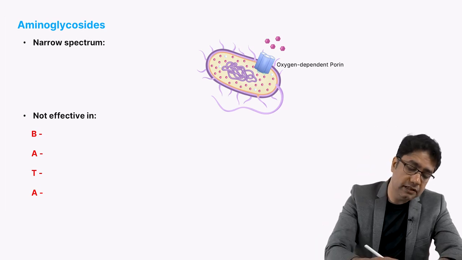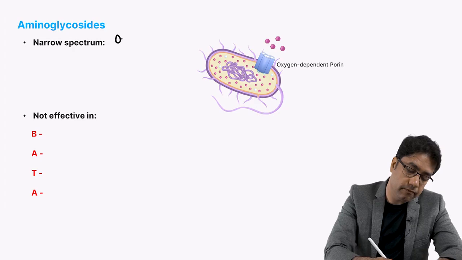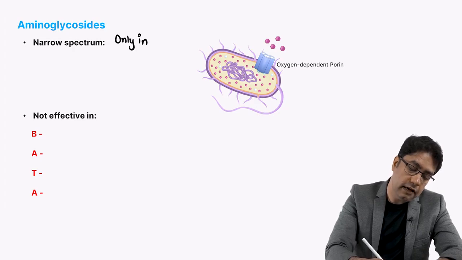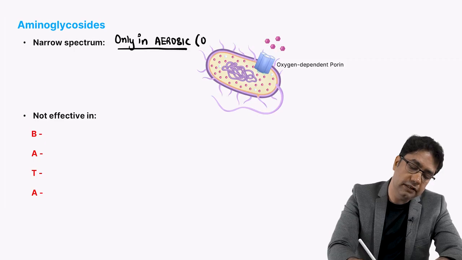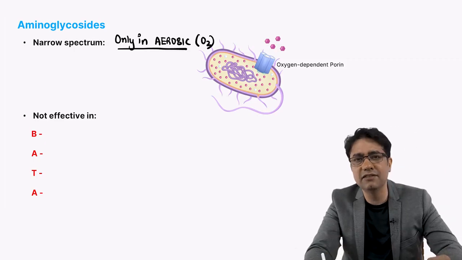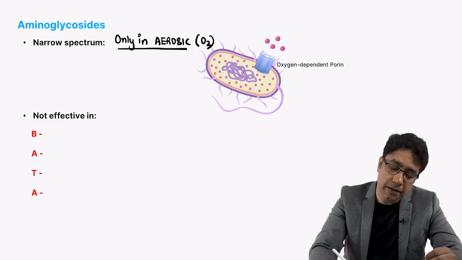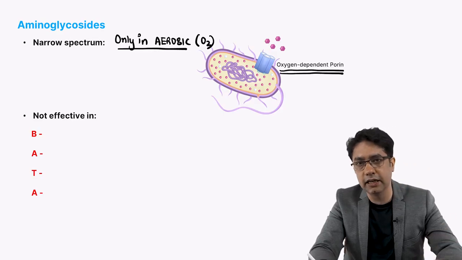Narrow means that they are only effective in aerobic bacteria. Aerobic bacteria means those bacteria which utilize oxygen. The reason is very important that aerobic bacteria, they contain some oxygen dependent porin channel.